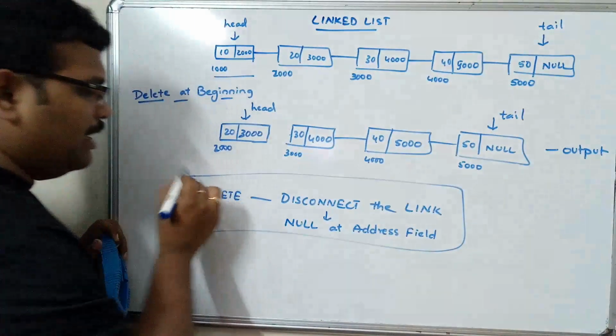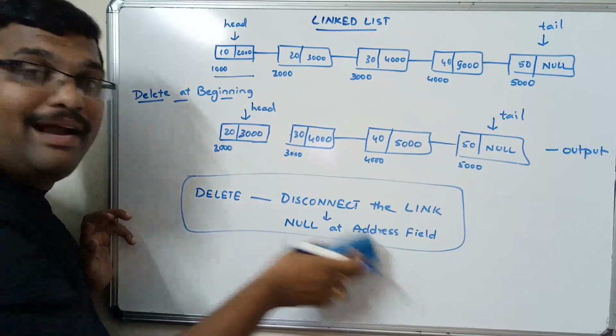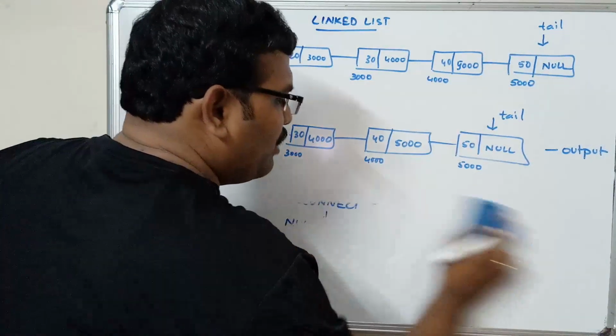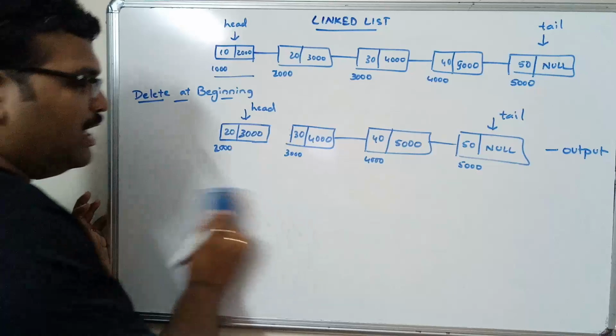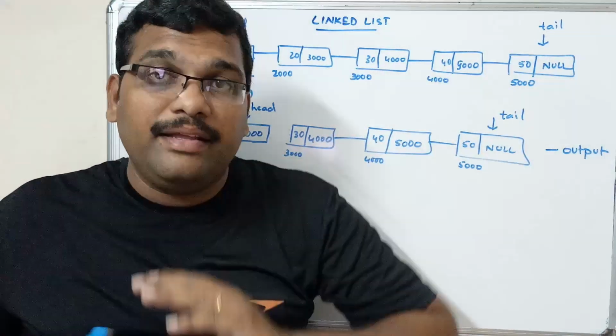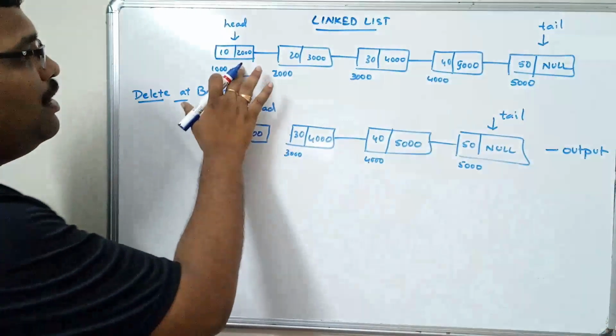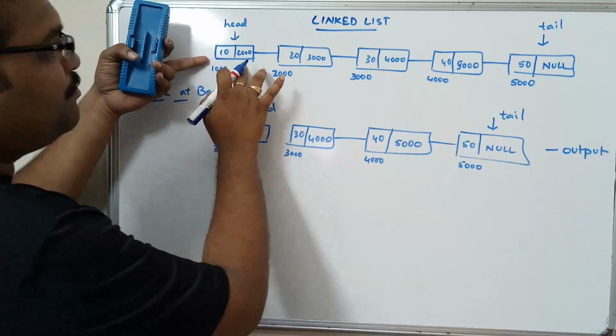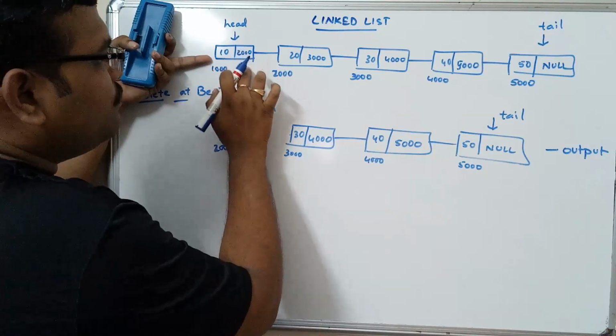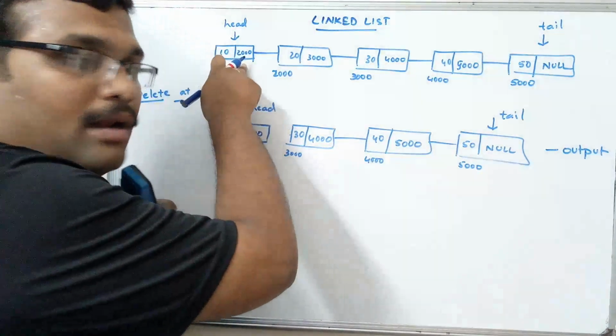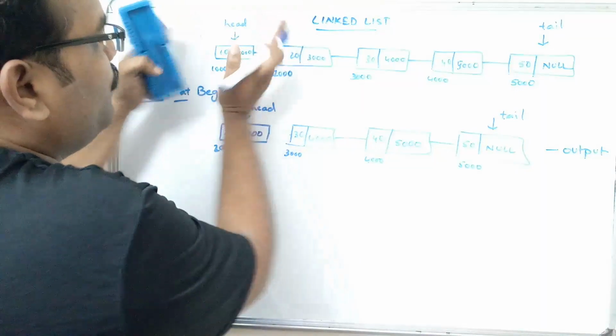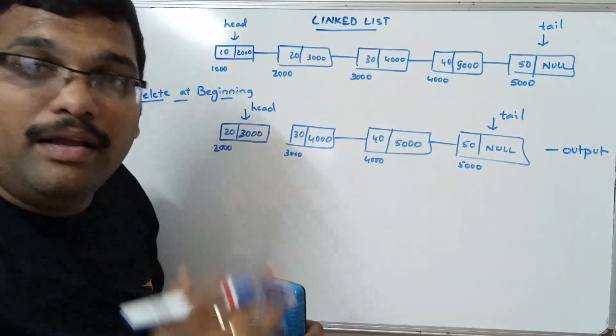Disconnecting the link means placing null at the address field. Whatever element we want to delete, we have to place null in that particular node. So here, if you want to delete 10, in the place of 2000 we have to place null. Automatically this node will be disconnected from the linked list.